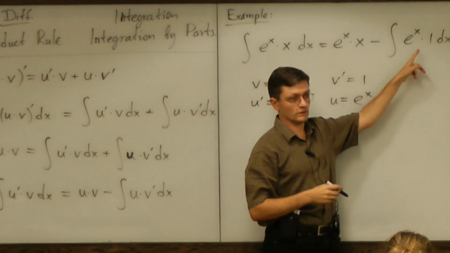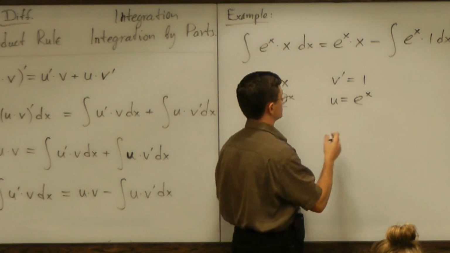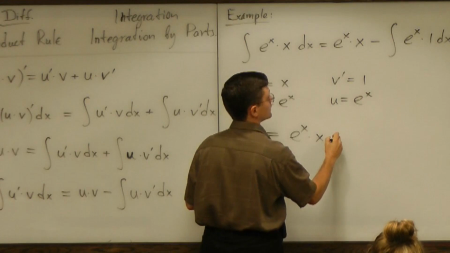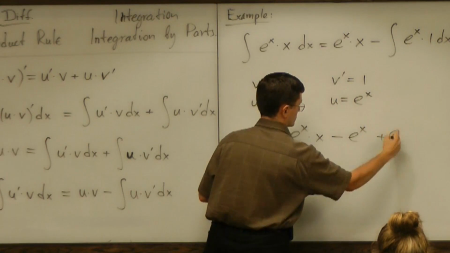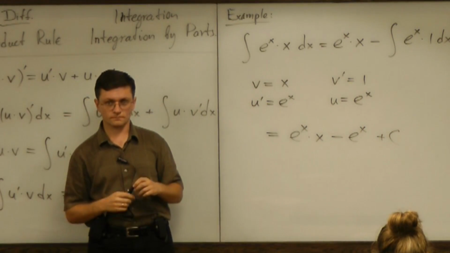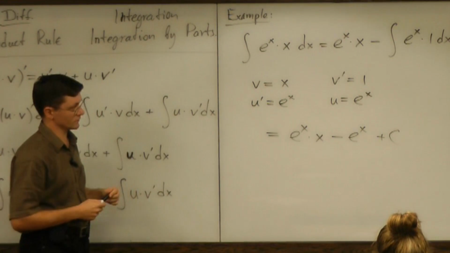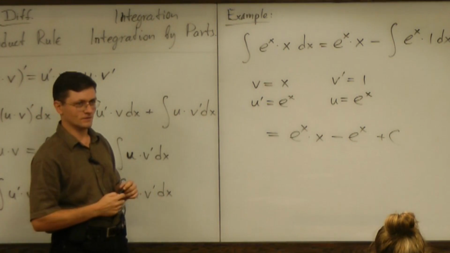And I know that is e to the x. So my integral is e to the x times x minus e to the x plus a constant. Well, of course, that is a very simple example, but still a useful one.